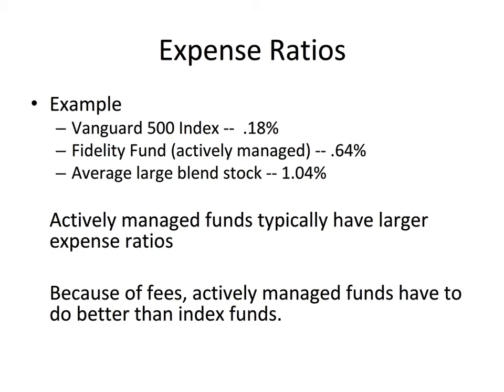The average for large blend stock mutual funds is 1.04%. Actively managed funds typically have larger expense ratios because of active management, and because of those fees, actively managed funds have to do better on their investments to make up for those larger expenses.